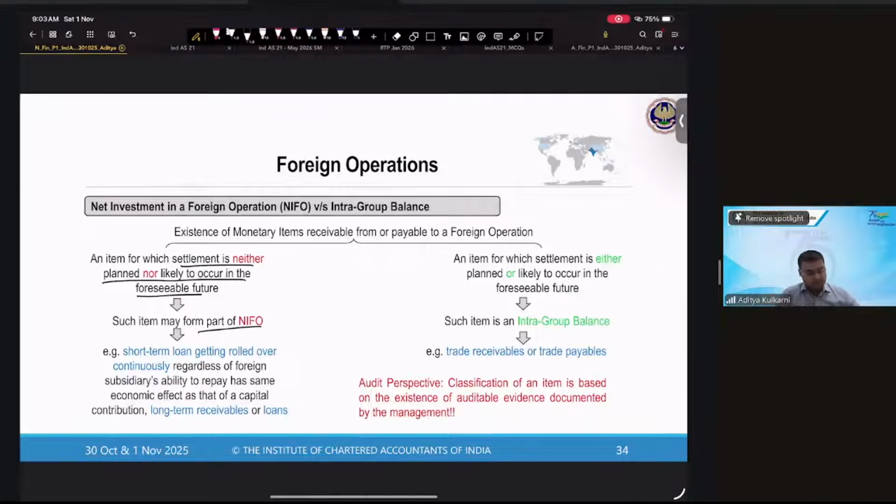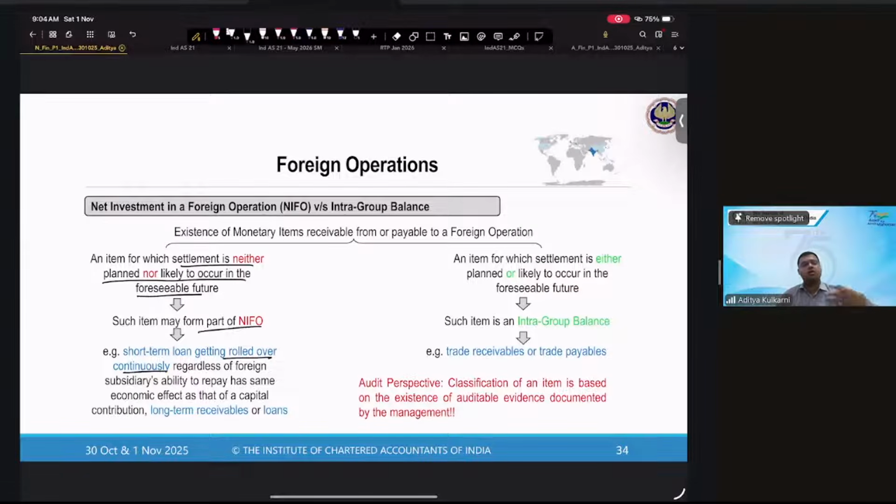In the standalone financials, it is an advance which is given. It is a loan which is given. But in reality, the substance is, it is a net investment made in a foreign operation. Example, a short-term loan getting rolled over continuously. Rolled over means you gave it for 9 months, then they make an application, then again you extend for another 11 months, then you extend for 11 months.